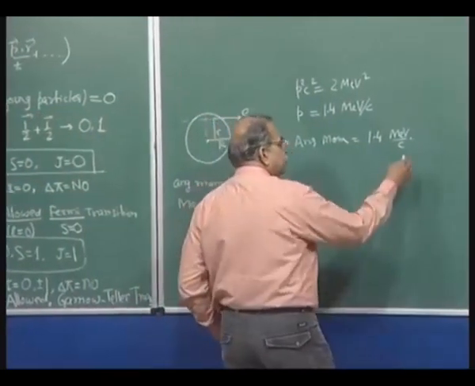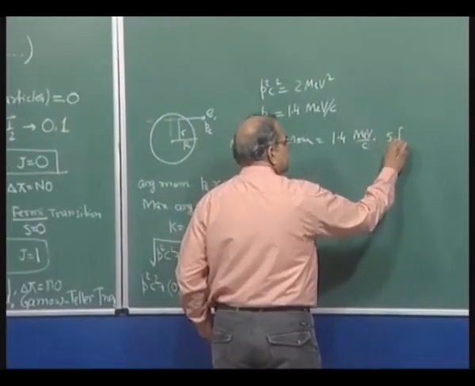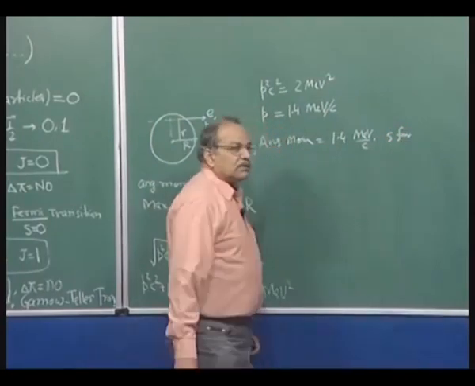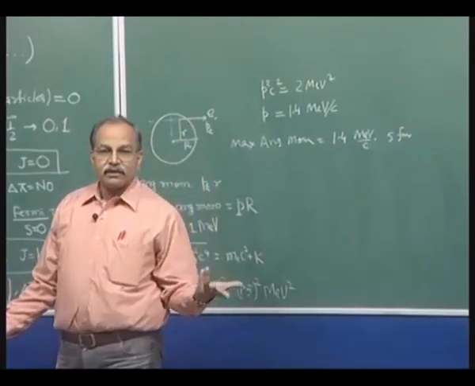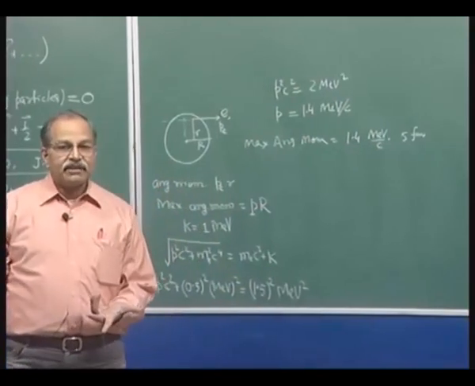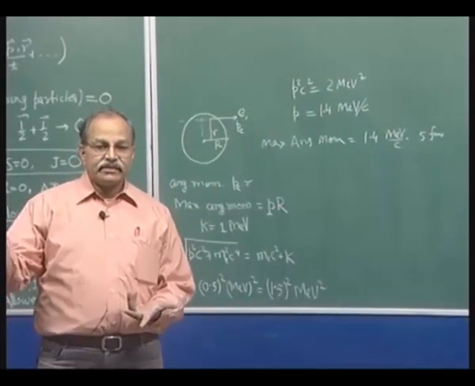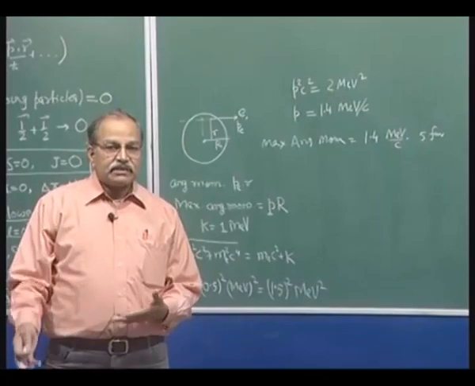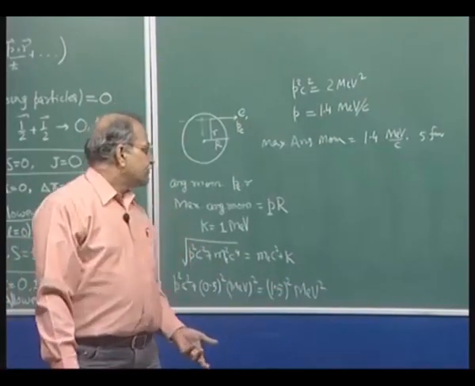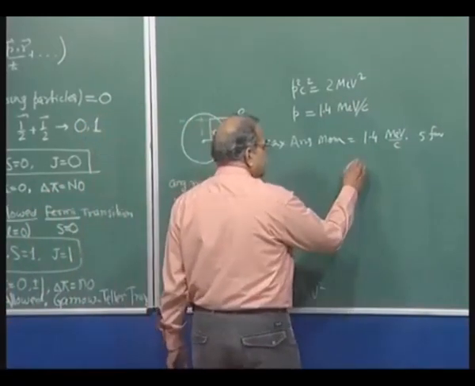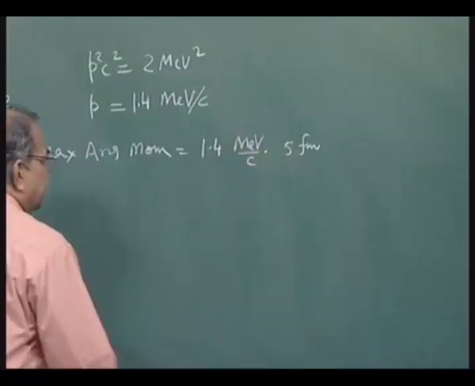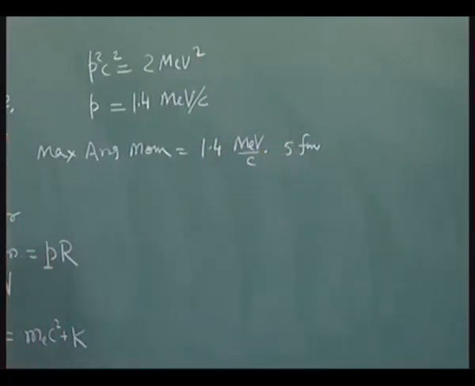So, let us say 5 femtometers, depends on the size. You know, nuclear sizes are around 4, 5, 6, heavy nuclei 7, 8 femtometers, light nuclei 3, 4 femtometers. So, this is approximately 7 MeV Fm by C.